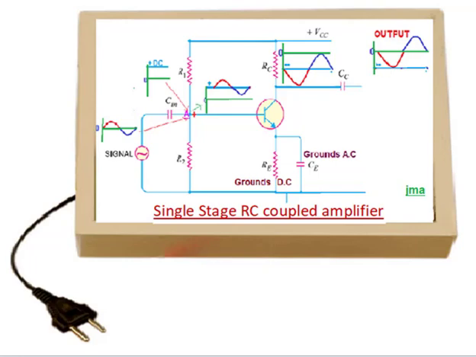How this amplifier responds to different input signal frequencies, how it amplifies, and how it gives the output voltage for lower frequency, mid frequency, and higher frequency. We will discuss it in detail in this class.